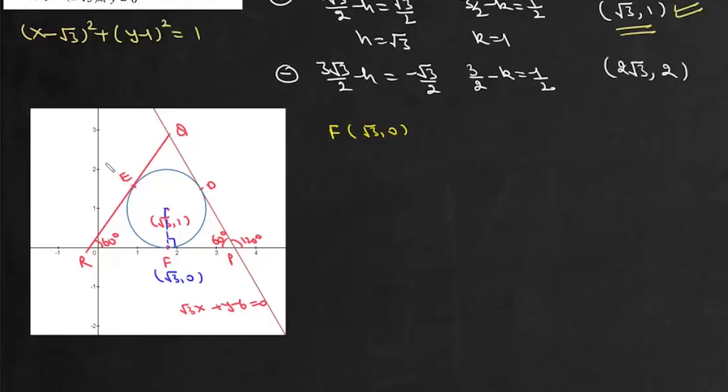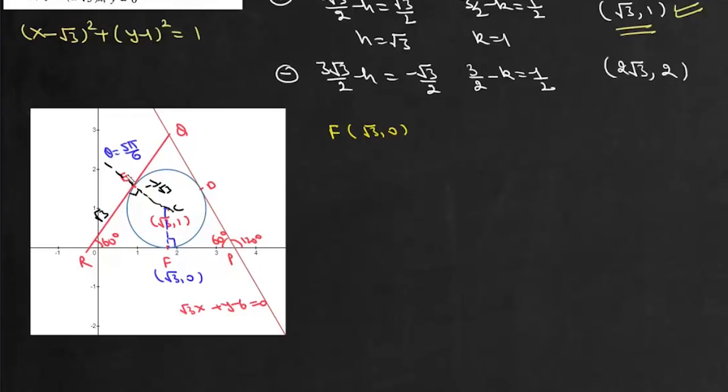There are many ways to solve this, and one of the ways, we can draw this line, say CE. Now this angle is 60, this is 90. That means the slope of this line is root 3 and the slope of EC is minus 1 by root 3. Now the slope is minus 1 by root 3, that means theta is 5 pi by 6.